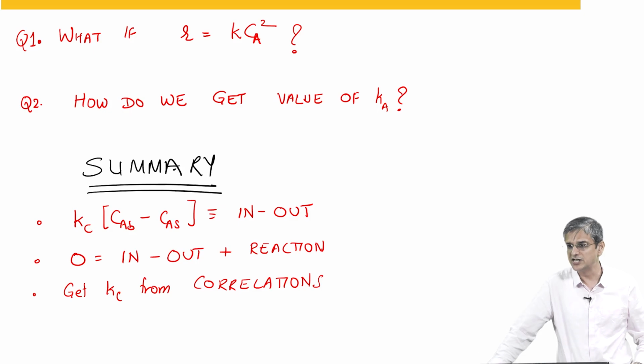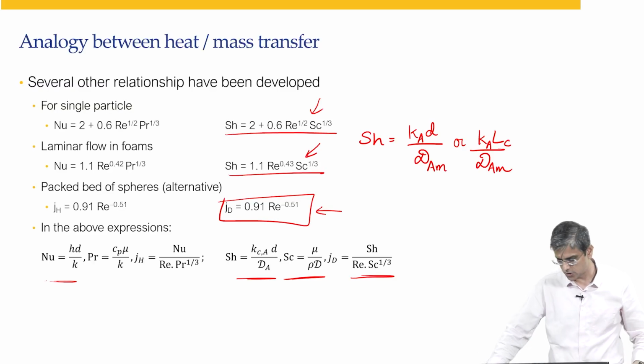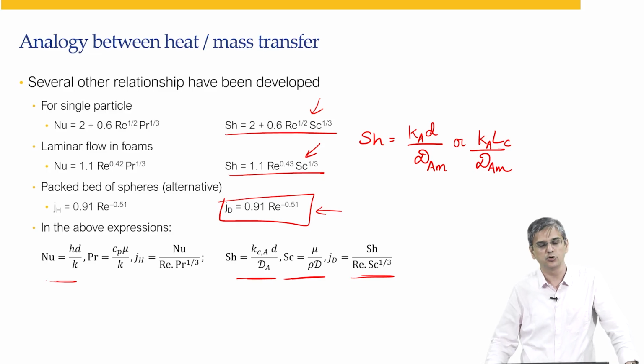How do we get the value of Kc? That is either based on the expressions for the Sherwood number or the expressions for the Chilton-Colburn J factors. Sherwood number is nothing but Kc multiplied by d divided by diffusivity. The diffusivity in the denominator is going to be the mixture average diffusivity.